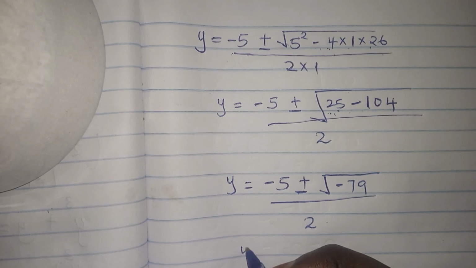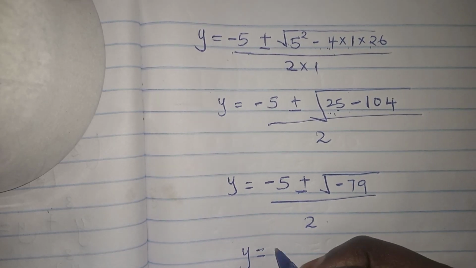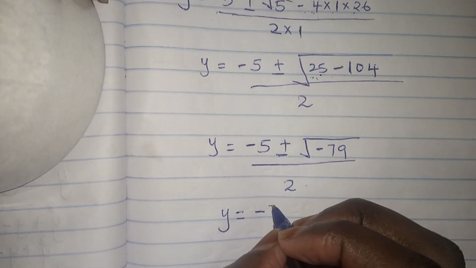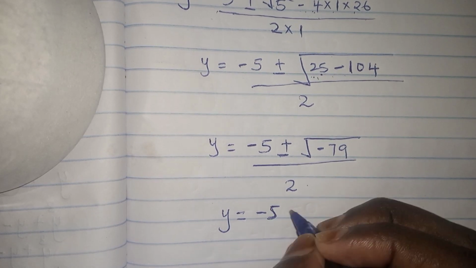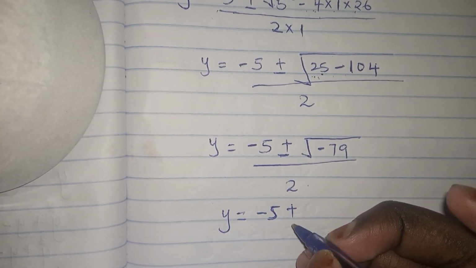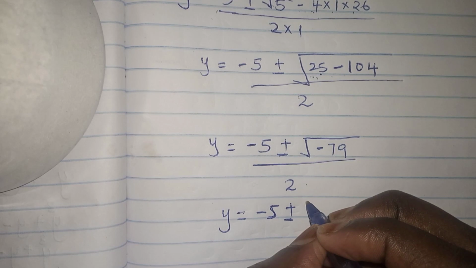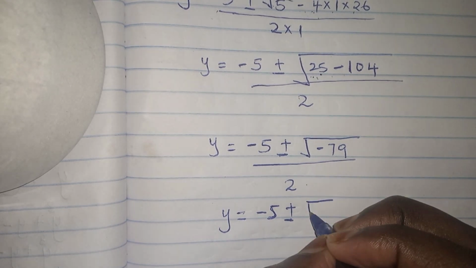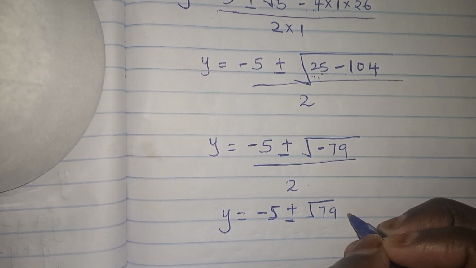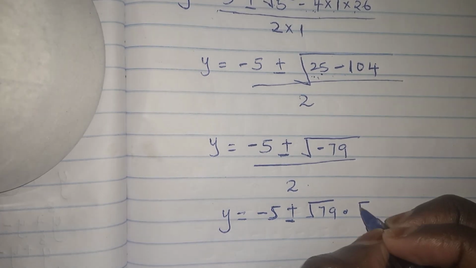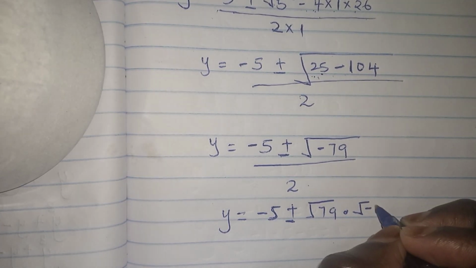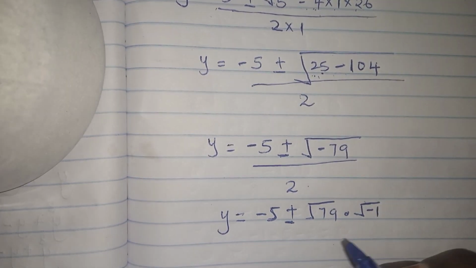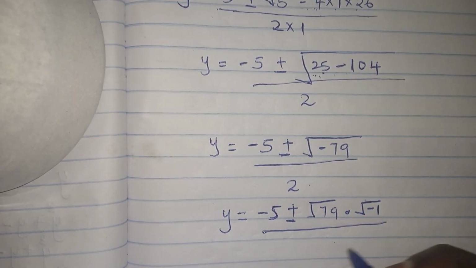So next step, y is equal to negative 5 plus or minus, we can write 79 times the square root of negative 1, okay? So over 2.